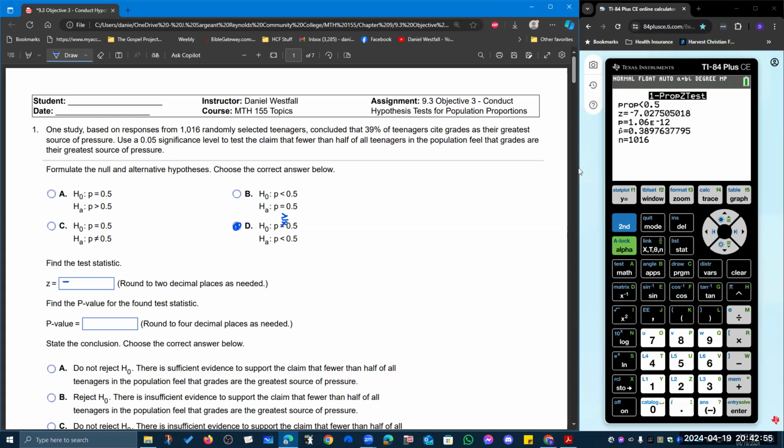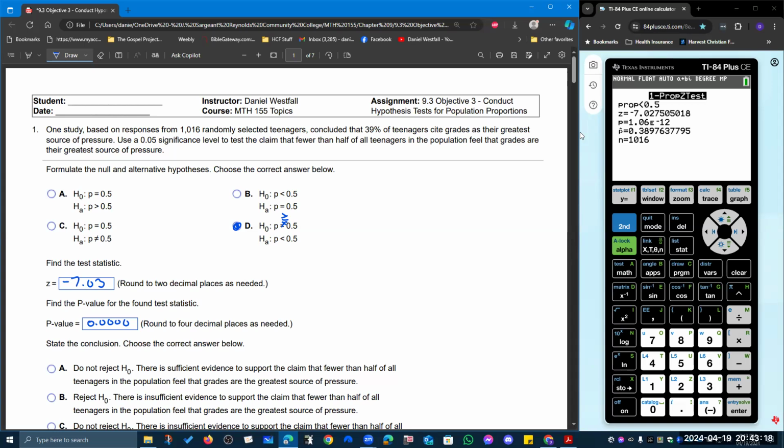Our Z value is negative 7.03, off the charts small. So our P value here is essentially 0 because it's got 11 zeros in front of that 1.